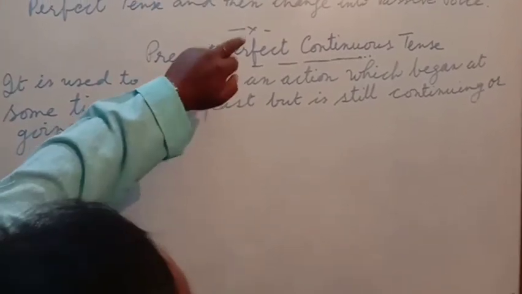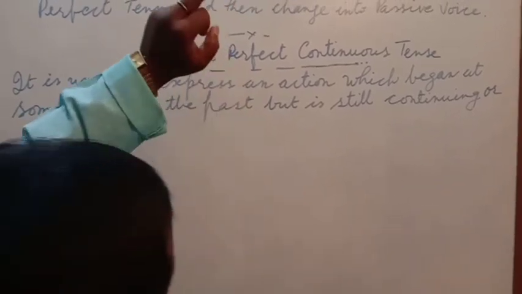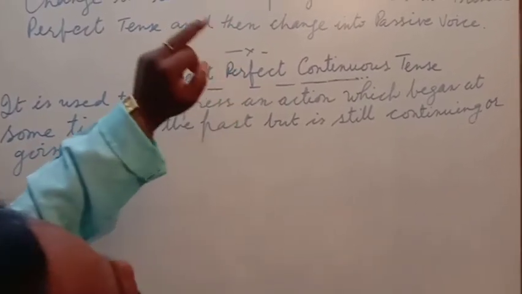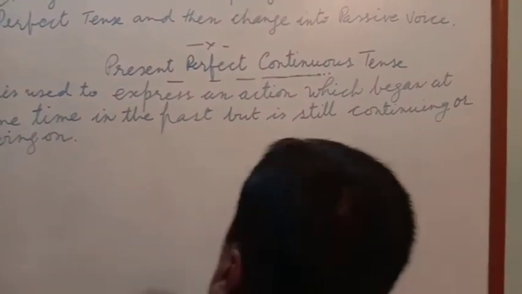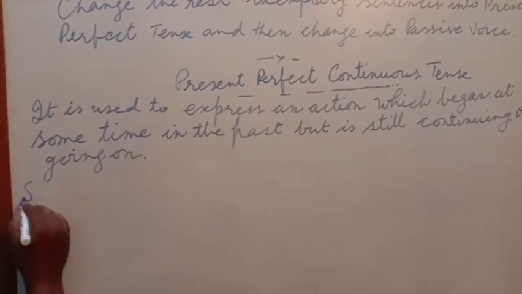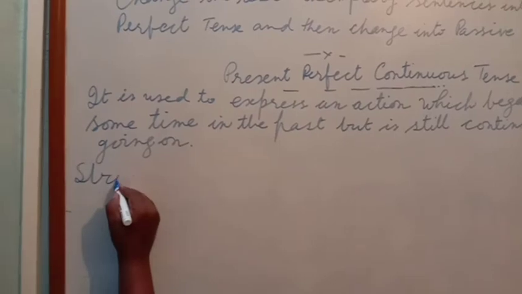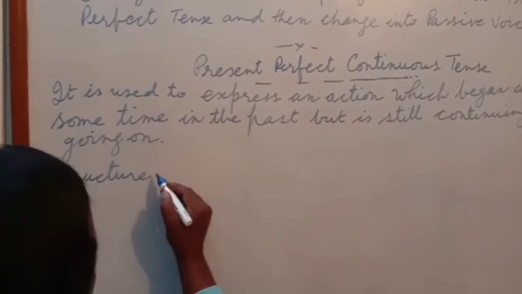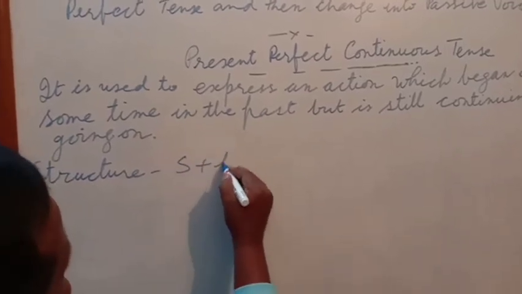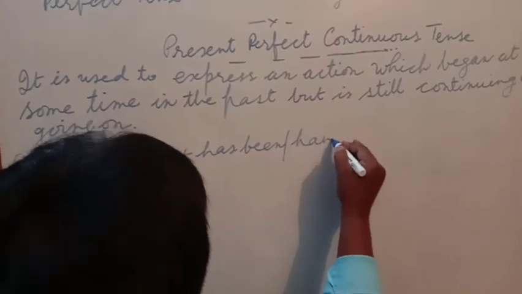What do we mean by this definition? Any work is perfect, any work is completed, and after the completion of that action, it is still continued or going on. It means the work is going on for a long time. Structure: subject plus has been, or have been.